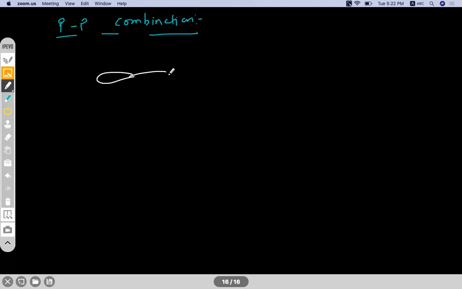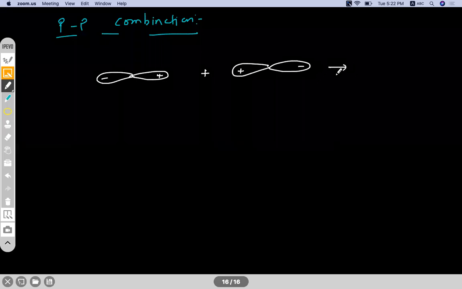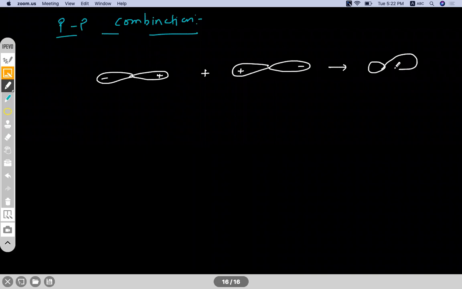This combines with this, plus combines with plus, and it gives the bonding molecular orbital, which is this, minus minus plus. This is the sigma BMO along the internuclear axis.